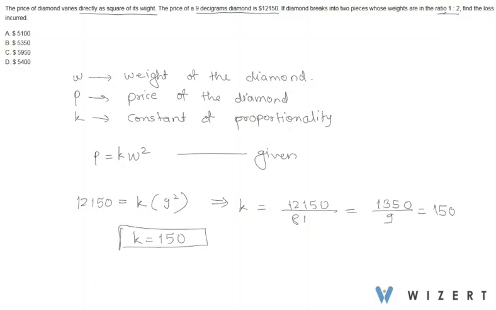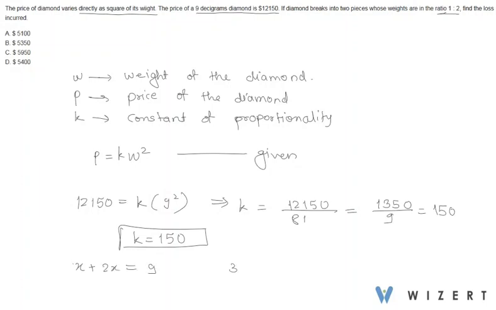Now using this constant of proportionality, we can easily find the loss incurred. If the diamond breaks into two pieces in the ratio 1:2, then x plus 2x is going to be equal to 9.